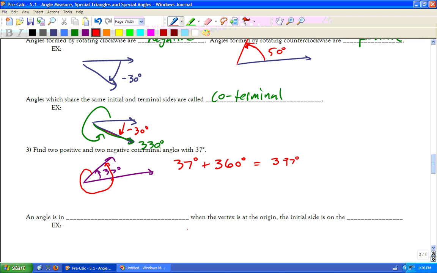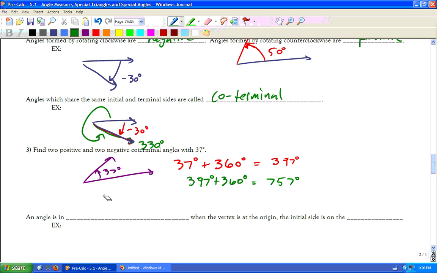to give us 397 degrees. Now we could go again for another circle, all the way around. So we're going to leave off with 397, but tack on another 360. When we do that, we come up with 757 degrees.